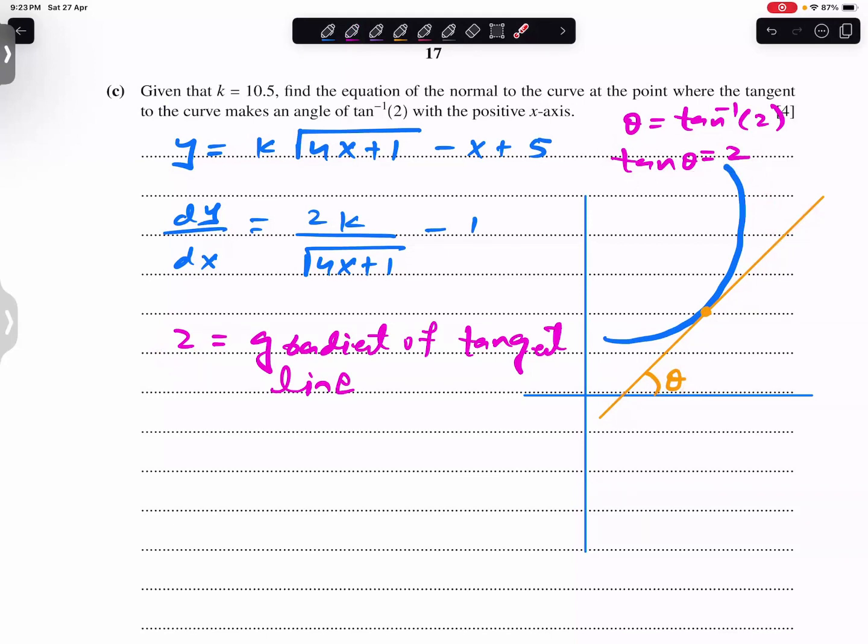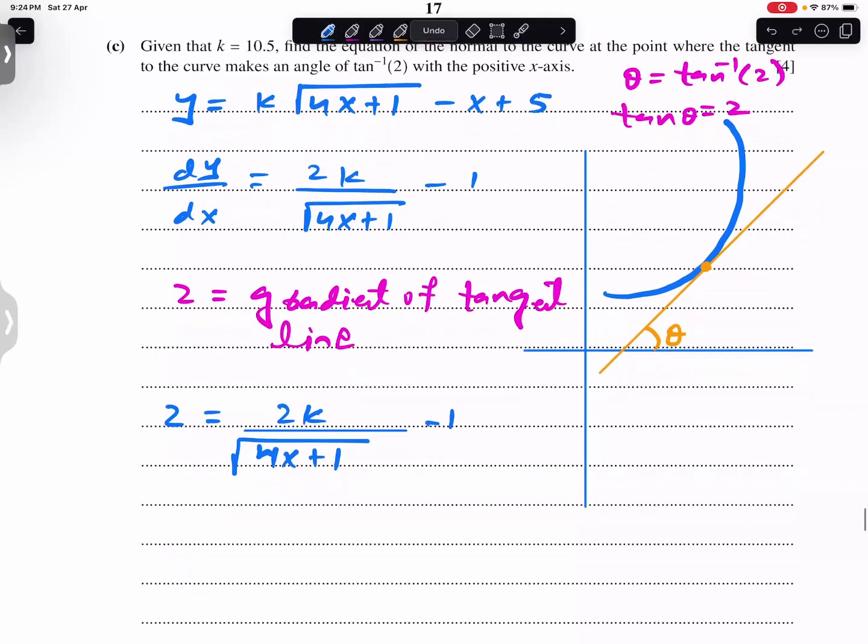Now also, this is the gradient of the yellow line in general, so you will equate both of them. So 2k over root of 4x plus 1 minus 1 equals 2, as k is given. K is 10.5.